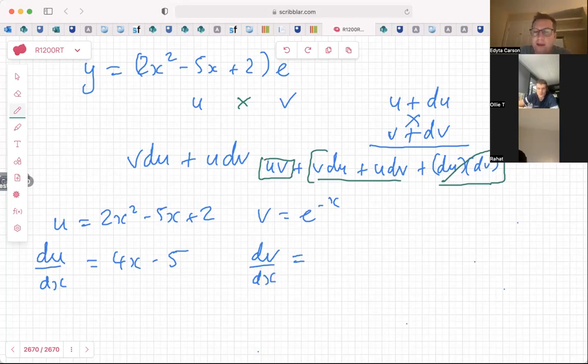So what type of function is this, guys? Our favorite: composite, because it's got e to the something, which is also a function. So it's a function of a function. The thing in the function, in the Russian doll part, is minus x, so we've got to differentiate that as well.